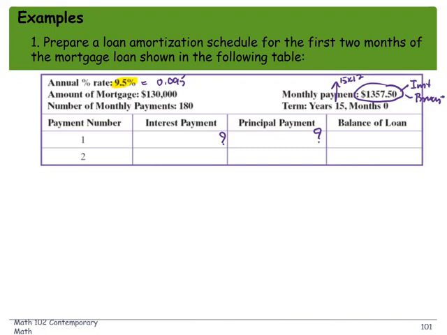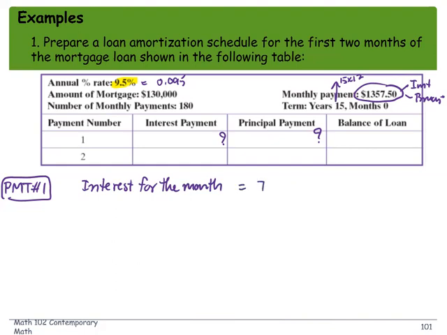To calculate this, we work on the interest for 1 month. So for payment number 1, we compute the interest for this month.